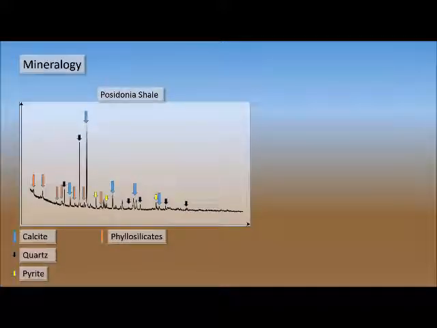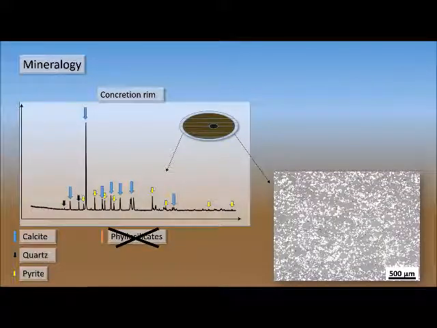So that's the surrounding shale, the Posidonia shale mineralogy. What do we see? We have dominance of calcite, quartz, pyrite in yellow here, and some phyllosilicates, mainly clays, muscovites, little things like that. That's the concretion rim. So we see strong dominance of calcite, pyrite, and quartz, although here it seems like the pyrite is very underrepresented.